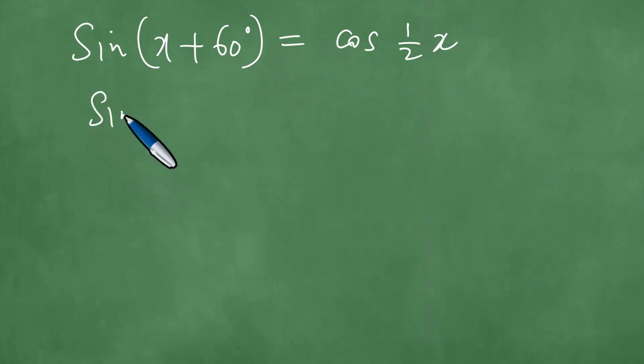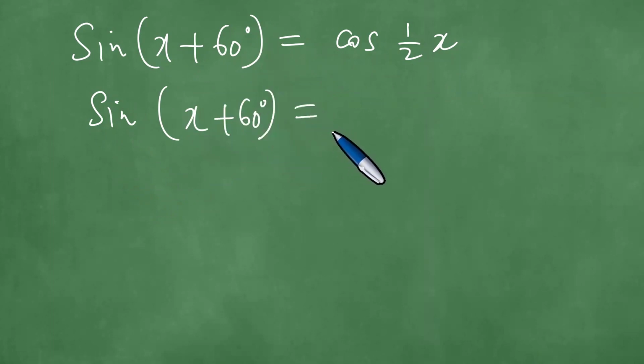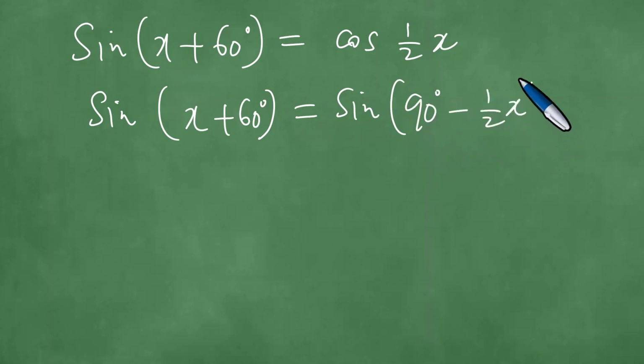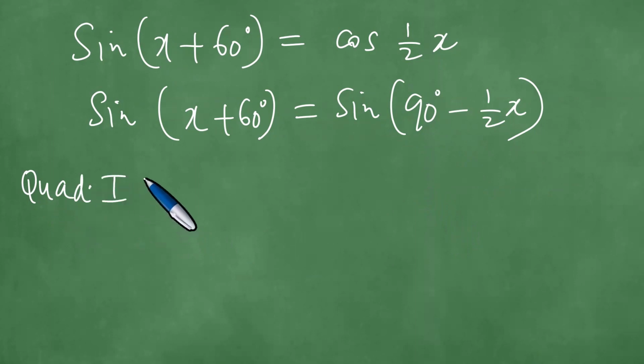This can be done by writing the sine of x plus 60 degrees as exactly the same as the sine of 90 degrees minus 1/2 x. And we agree, therefore, that you're going to have solutions in a couple of quadrants. So let's look at quadrant 1.